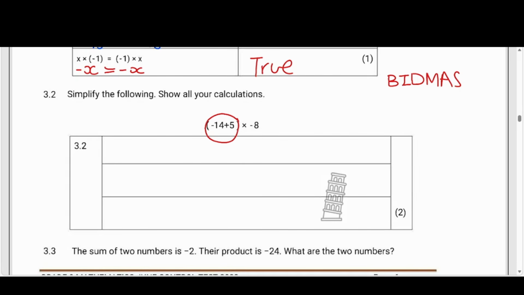Minus 14, add 5. So if we're working on a number line, it's going to be minus 14. And we jump 5 spots, so minus 13, minus 12, minus 11, minus 10, minus 9. Okay, minus 14, we add 5, that is going to be negative 9.